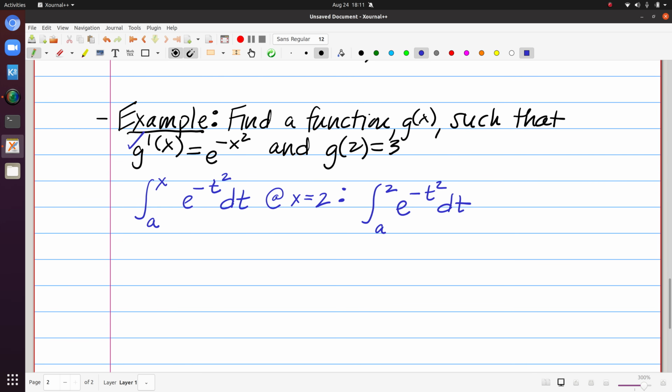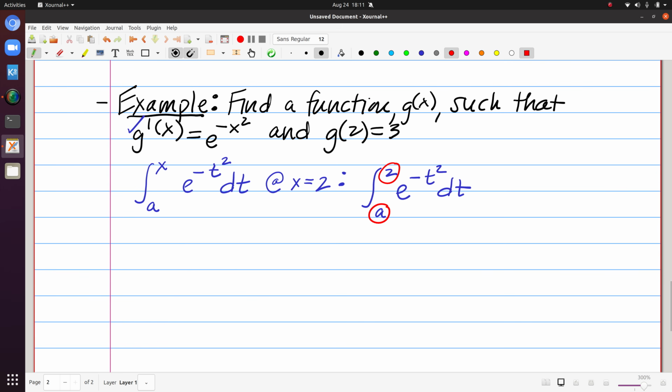And we talked about the idea that we can try to think of when it is easy to evaluate something like this. And in particular, we said that if the upper and lower limit are exactly the same, that's the one instance that we should always be able to evaluate this function. So my update here is to choose to make that lower limit of integration 2.